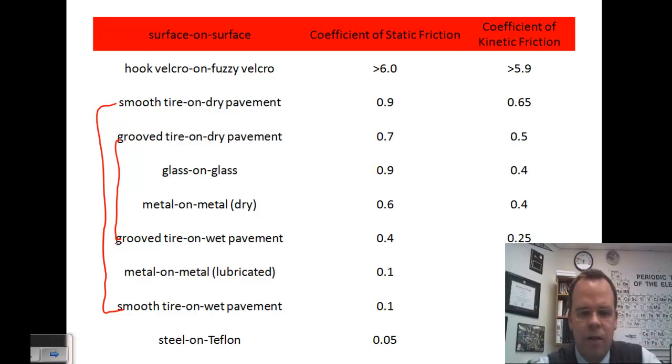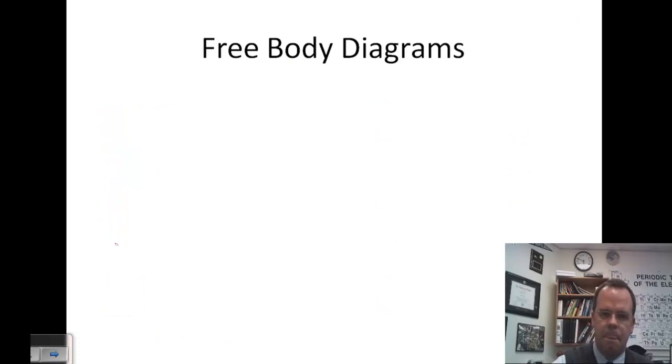And Teflon is one of those surfaces that has an incredibly low coefficient of friction. Teflon is used as a non-stick coating on a number of things. So this gives you some idea of what typical coefficients of friction look like for static and kinetic on many different substances. And the coefficient of friction is going to be unique for the two substances that are in contact.